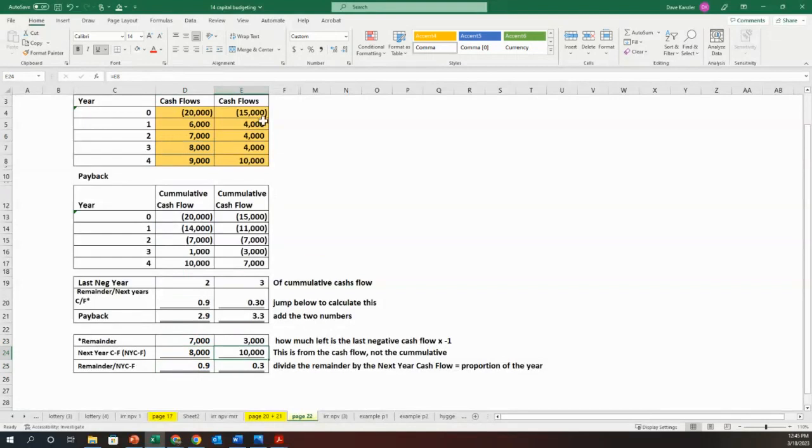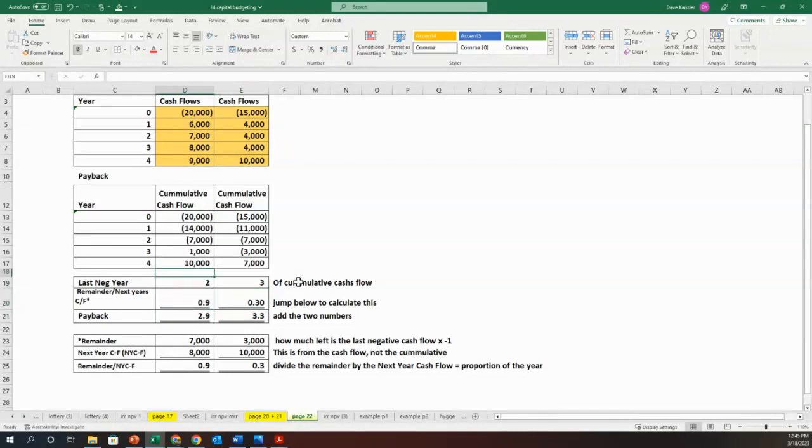In this case, the last year was year 3. We pick up year 4's cash flow, and then we divide the 7 by the 8, the remainder divided by the next year, to get 0.9. In this case, we divide 3 by the 10, and we get a fraction, and we add that together.